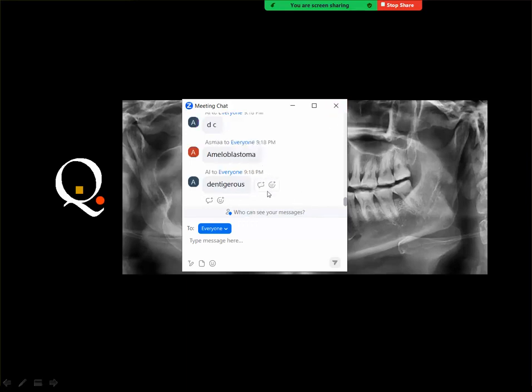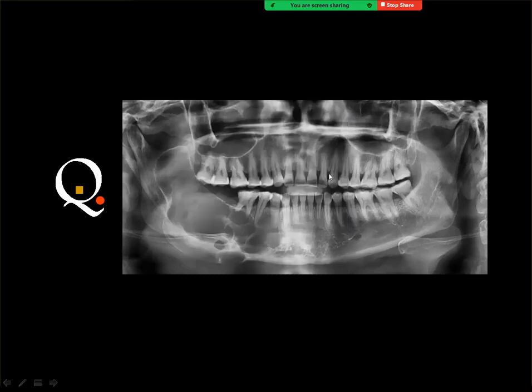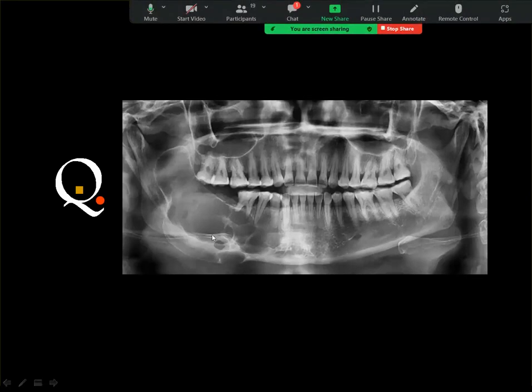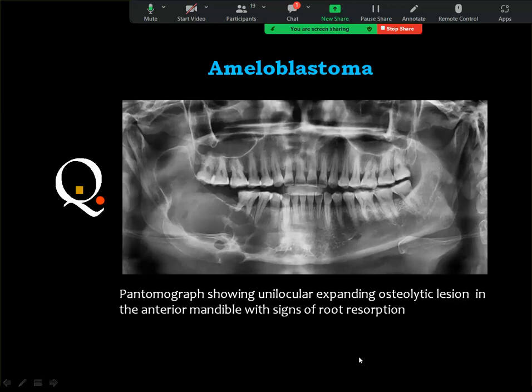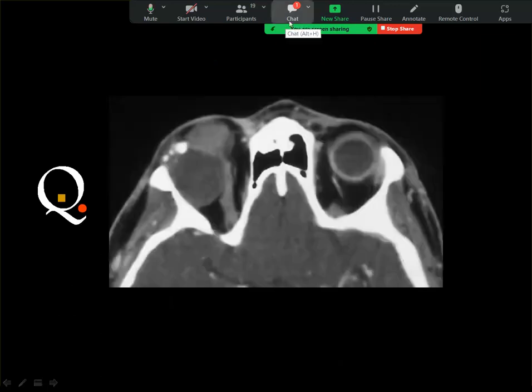No, this is not a dentigerous cyst because the dentigerous cyst is a unilocular cystic lesion, and the crown of the tooth is included in the cyst while its root is outside the cyst. But here you have a big lesion with erosion of the related teeth, and there is a missing tooth here, and this is classic of ameloblastoma or adamantinoma of the mandible. Next case is a CT scan of the orbit.